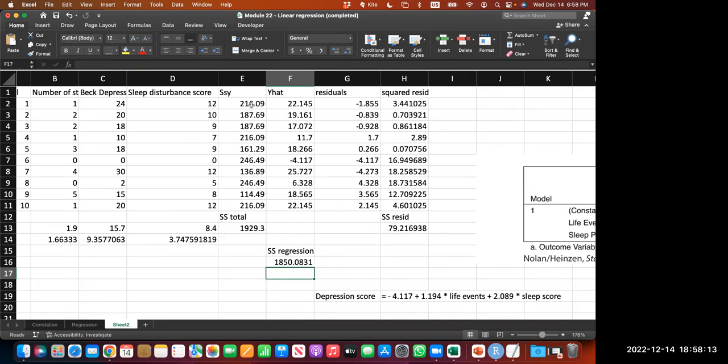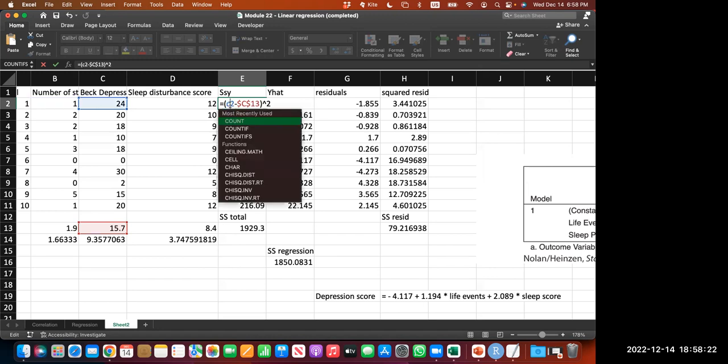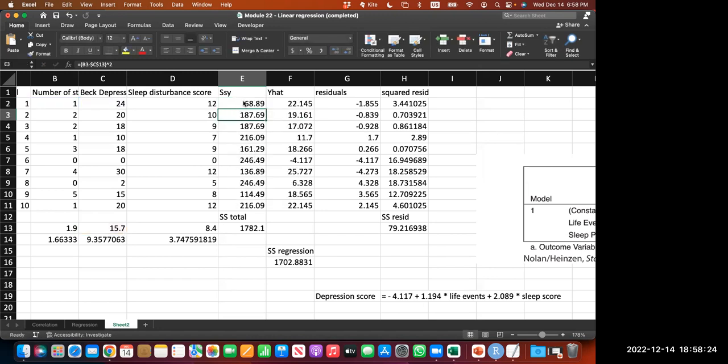No, that can't be. So 788, 78. Okay, so you shifted my column. So we have now a sum of squares total of 788.1. We have a sum of squares residual of 79, and we have a sum of squares regression of 708.